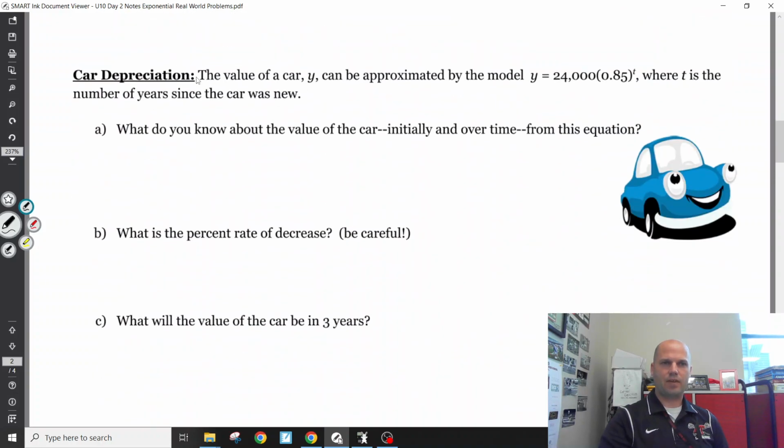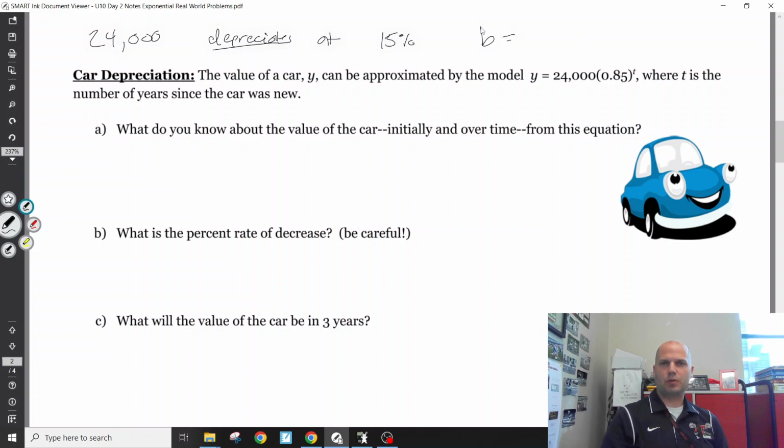For example, we have a car depreciating in its value. Probably a better question would be: you have a $24,000 car that depreciates at 15% a year. Now, since it's depreciating, we are losing value.